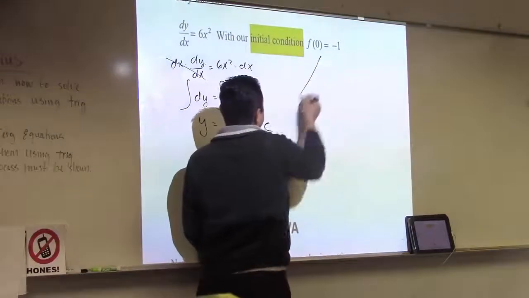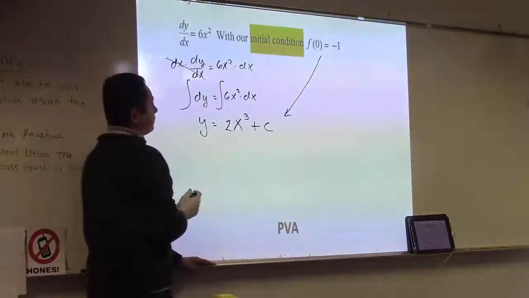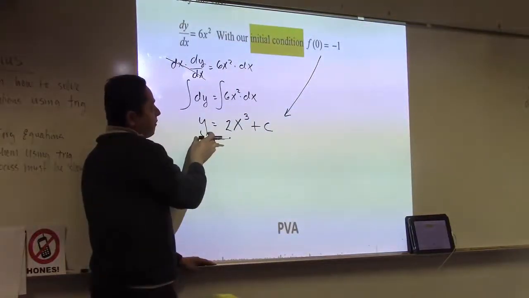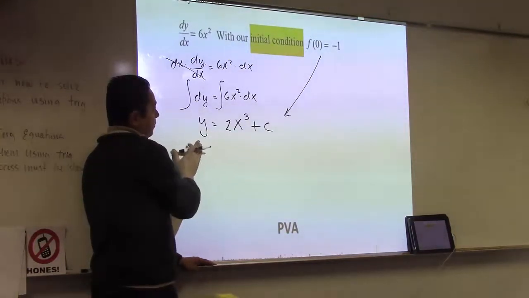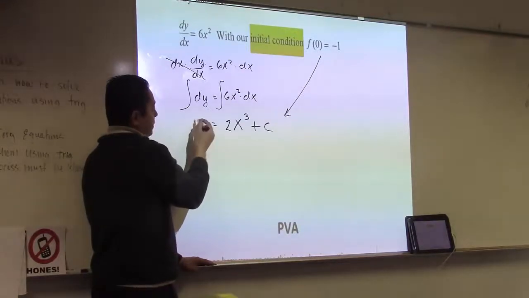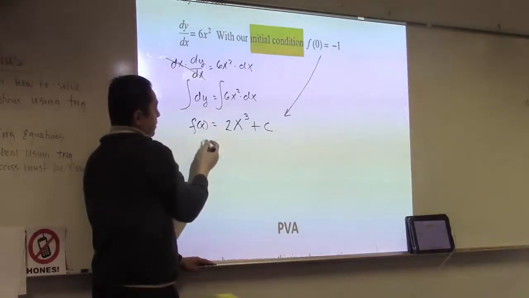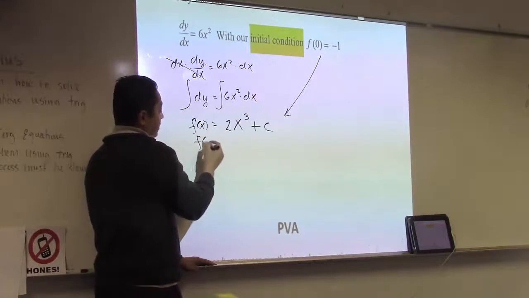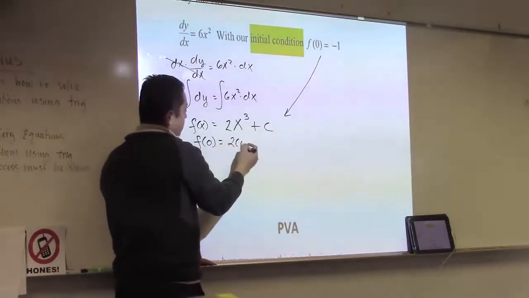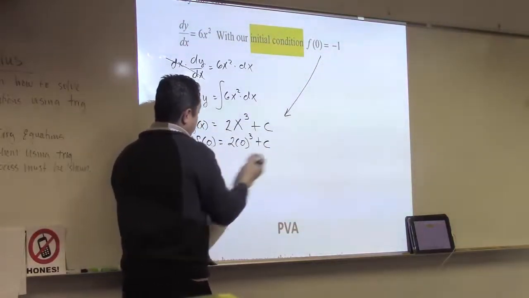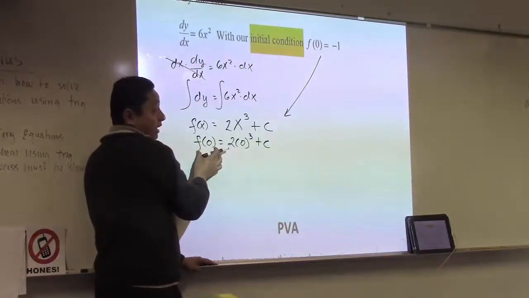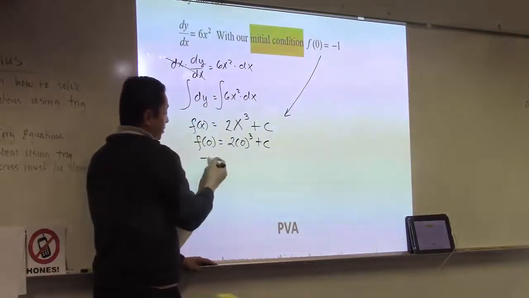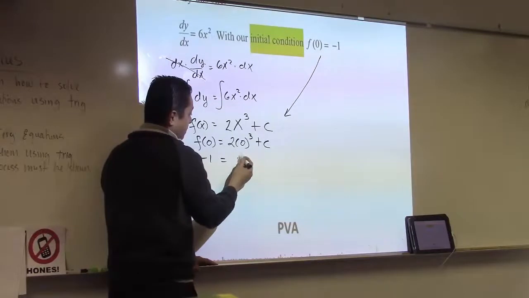Now the initial condition comes in. Remember, this is f of x, which is the same thing as y. If that creates a problem for you, you can always replace this with f of x, so that you can see that you're plugging in the 0 there. F of 0 is -1 according to the initial condition. So that's a 0.